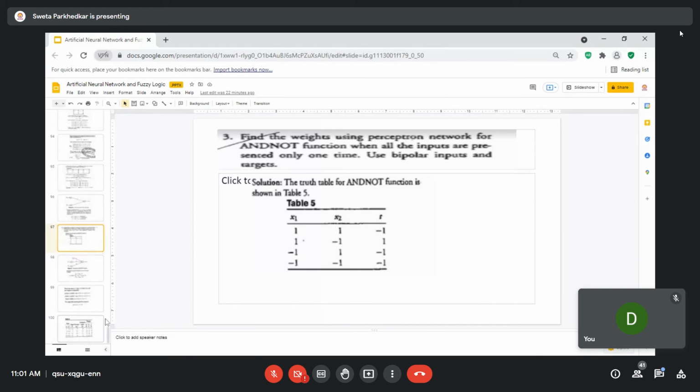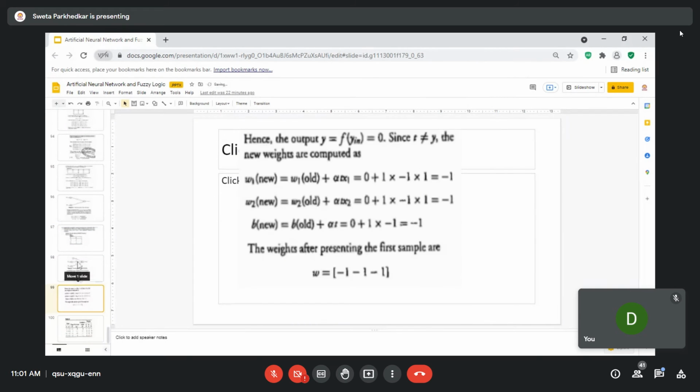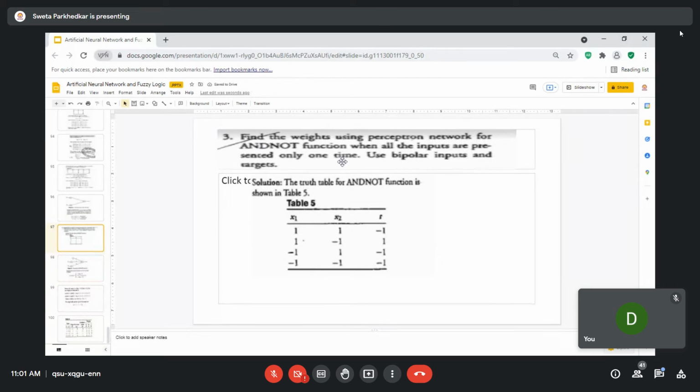Now we'll perform the perceptron problem for and not function. Okay, write this one. This similar to your जो हमने perceptron के and or gate के लिए किए हैं, ये same है.